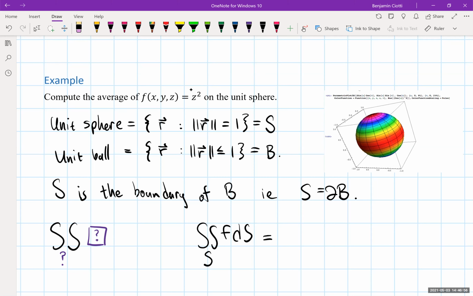It's over a surface. So if you want to use the surface integral formula, you'll need a parametrization for one thing. Oh, okay. So yeah, what parametrization of a surface do you want?